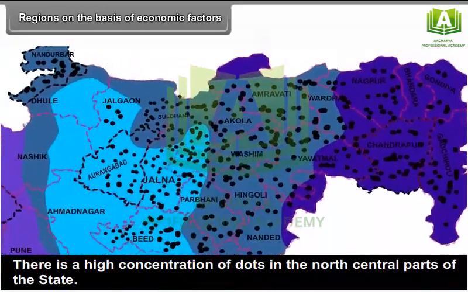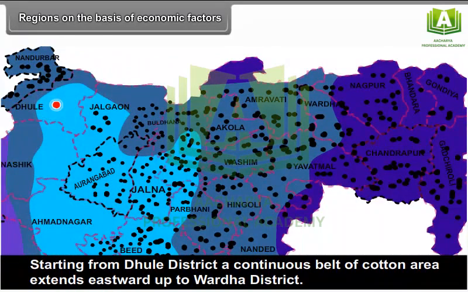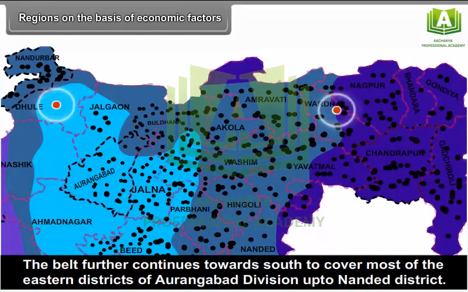There is a high concentration of dots in the north central part of the state. Starting from Dhule district, a continuous belt of cotton area extends eastward up to the Wardha district. The belt further continues towards the south to cover most of the eastern districts of Aurangabad division up to Nanded district.